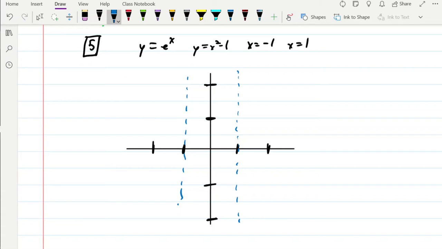Then we have the equation y equals x squared minus 1, so at 0, y is going to be -1. We're also going to have these points right here for when x equals 1 or -1. And then y equals e to the x. At 0, that is going to be equal to 1, and it will go to some value here and there.